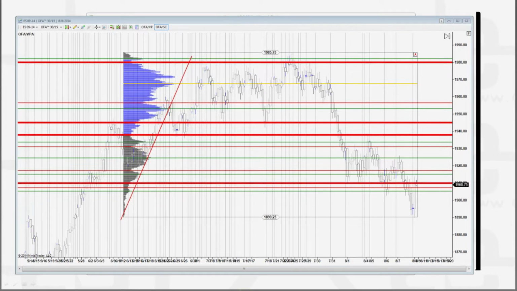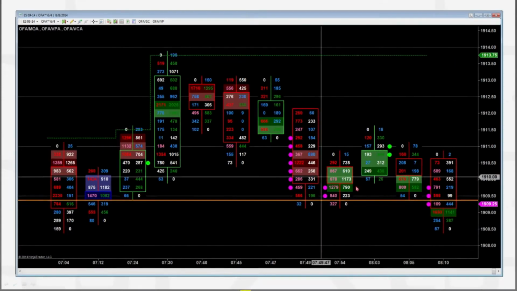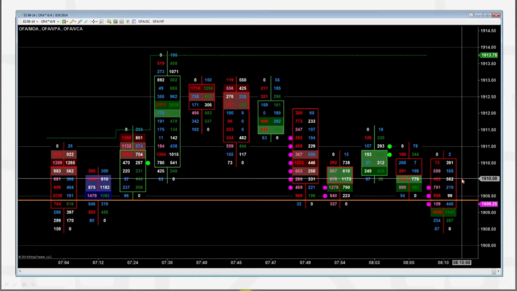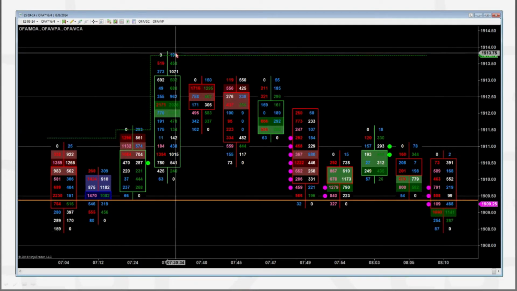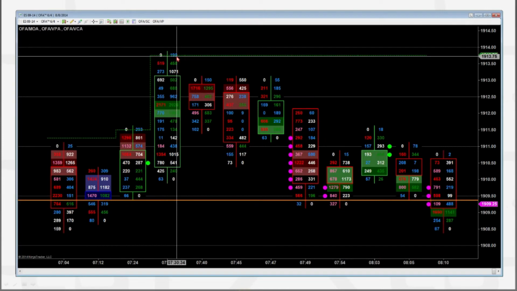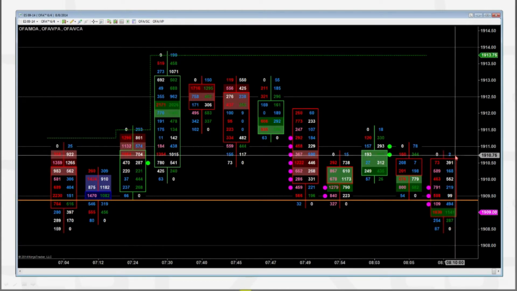And when I look at what's happening right now in the market, here's this 1910 level right here. And the print, since moving up, has been relatively weak to the offer. It doesn't mean that this market is coming down.